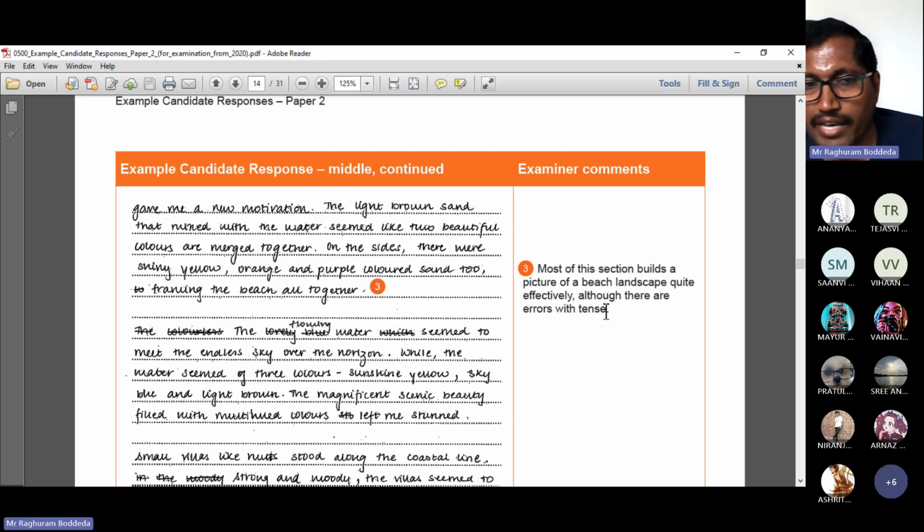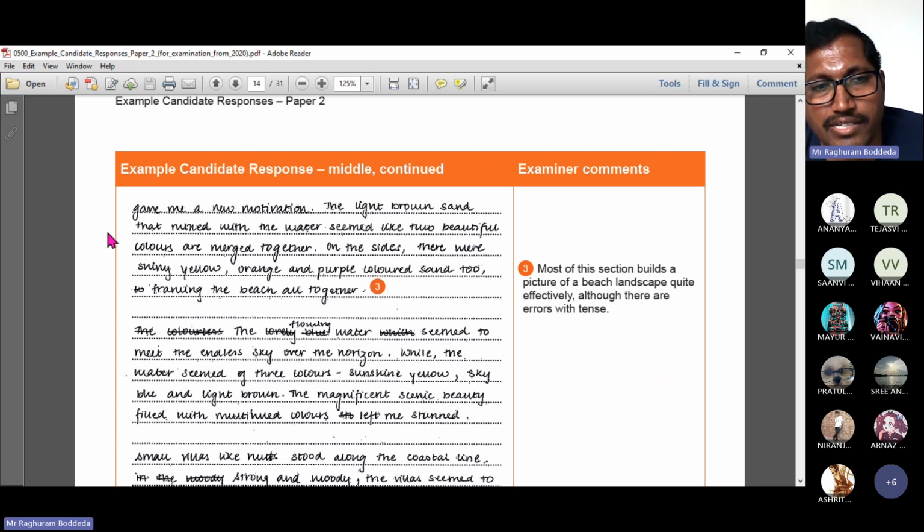You need to give general information, and the usage of the terms is a bit parrot-like. Let us say, the light brown sand that mixed with the water seemed like two beautiful colors are merged together.